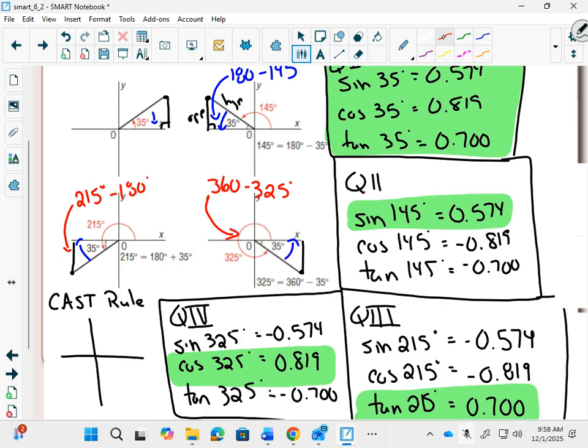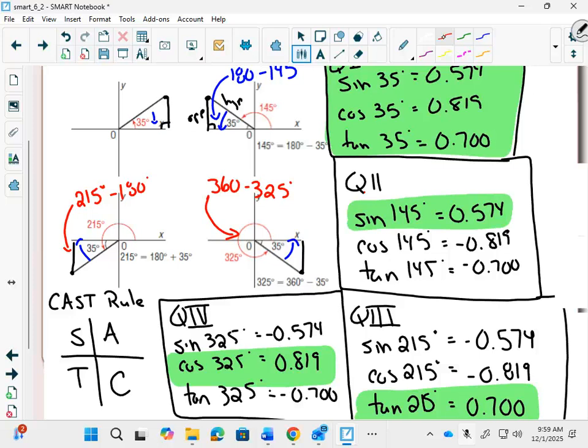And the reason it's called the cast rule is because we draw all 4 quadrants and we put the letters C, A, S, and T in those 4 quadrants. And we call it the cast rule to help us remember this. So the cast rule isn't really a rule, it's like a memorization technique.